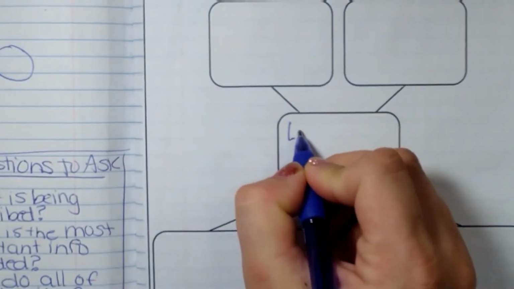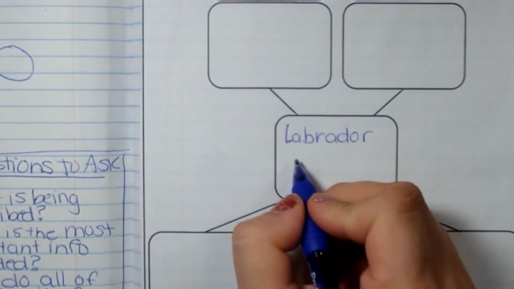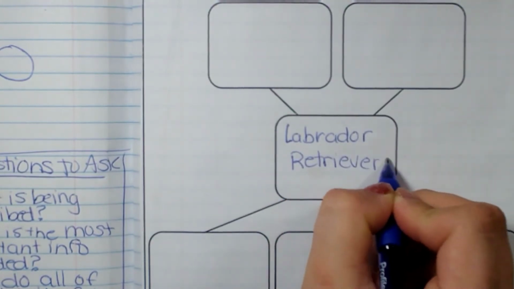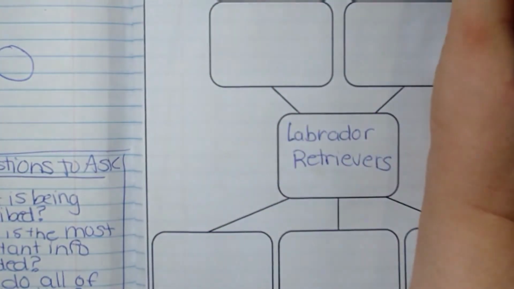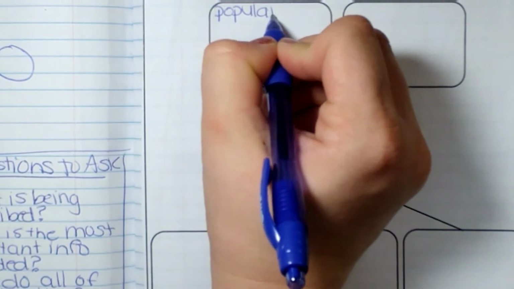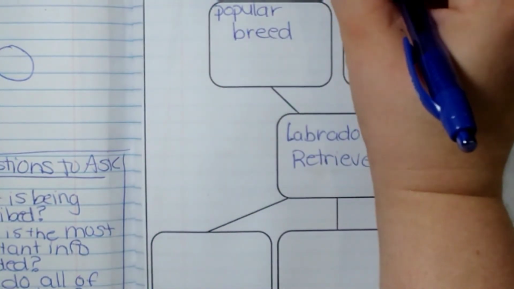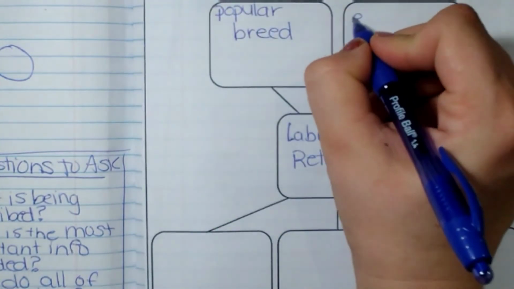And I'm going to put here, what am I describing? Labrador Retrievers. Okay. They talked about it's a popular breed. They have an even temperament.